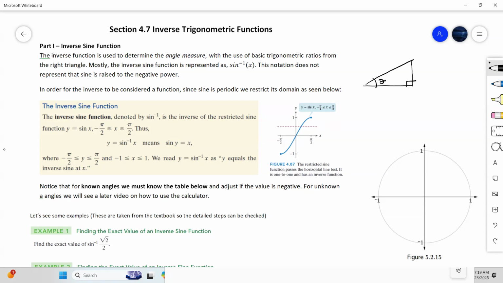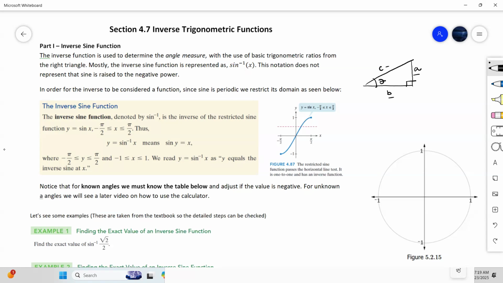We looked at this angle theta, and then we understand that on the right triangle, this is my hypotenuse, this is my adjacent side, and this is my opposite side. And then we define all of the basic three functions, sine, cosine, and tangent, using these values.